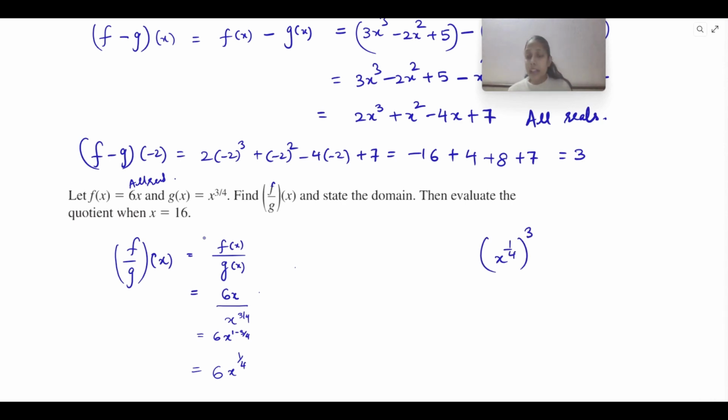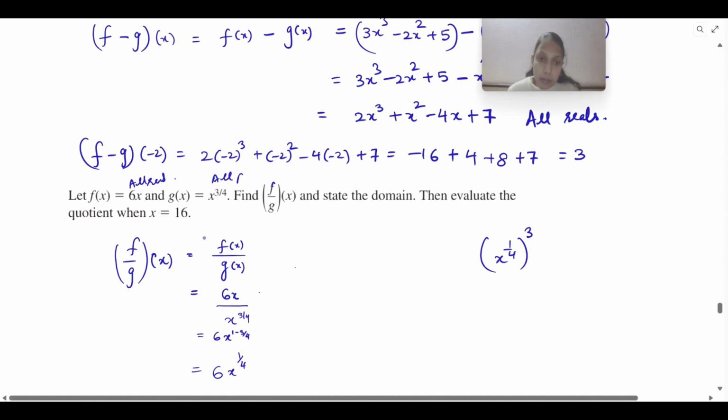When we learned in the chapter of exponentials, the topic of rational exponent, how to break the rational power, this term exists only if x is positive. Therefore, here the domain of gx is all positive real numbers.